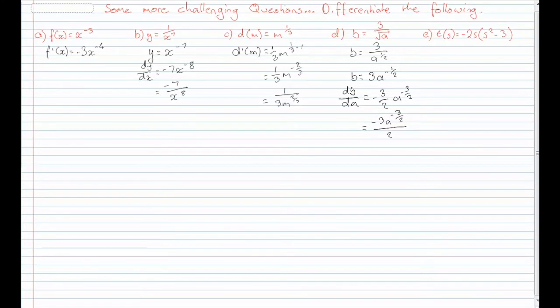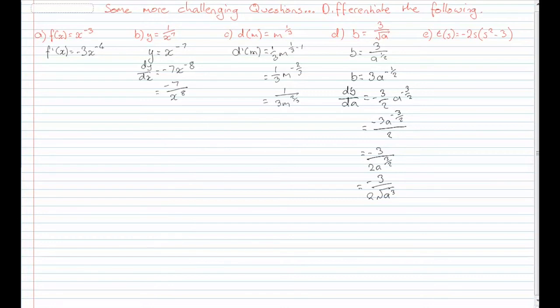Change it back to a positive power now, so you get negative 3 over 2a to the power of 3 on 2, and write it now as a surd because that's how it was given to us in its original form, so you get negative 3 over 2 square root a to the power of 3.